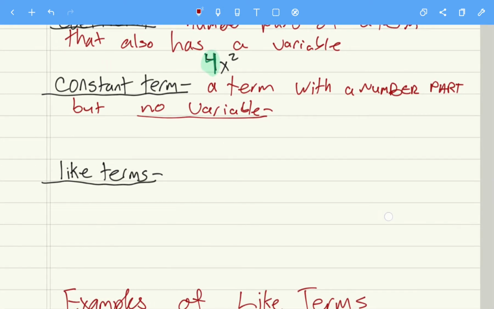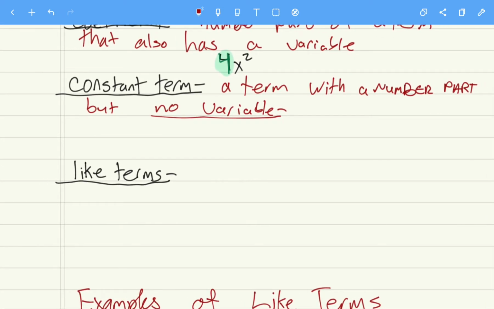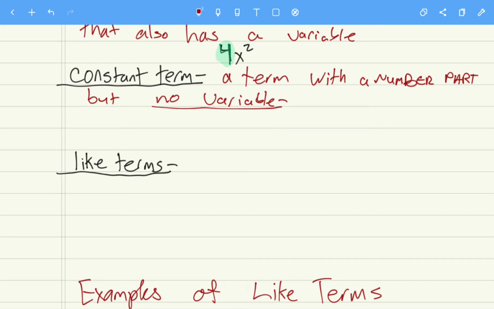And our last vocab word is like terms. So these are terms with the same variable part.